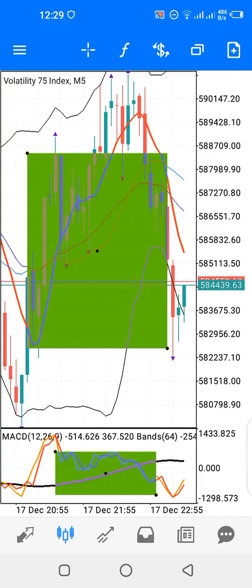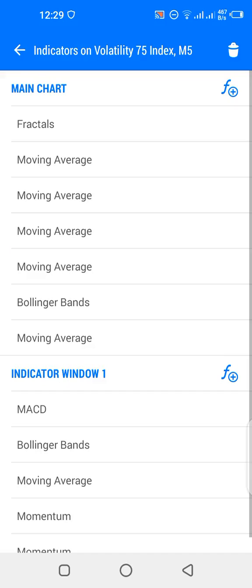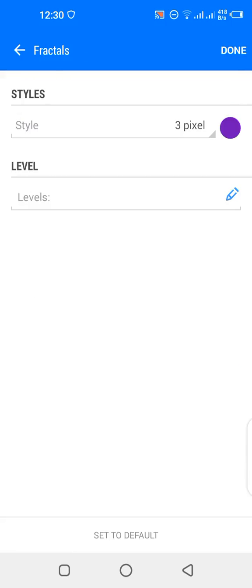Now let's look at the settings on the main window. We have fractals. The first indicator is fractals. Fractals help me to identify the point of price rejection.